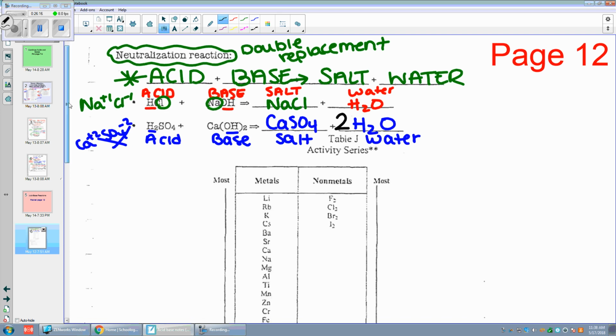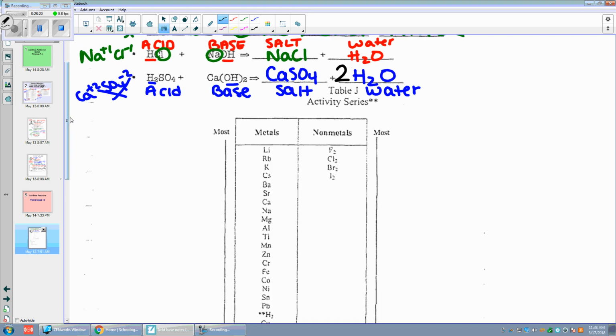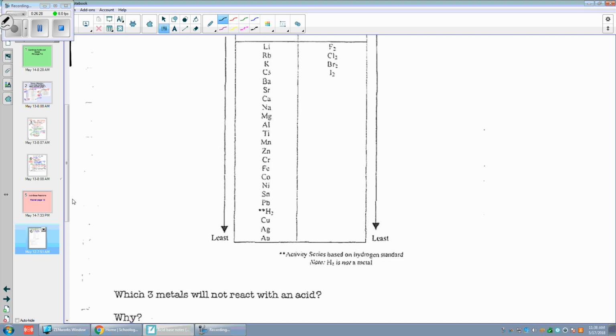And the last one I have to do, very last one, we're using table J. Table J. Look at table J. I'm using it there. When I use table J, these are always going to be my reactions of acids with metals.